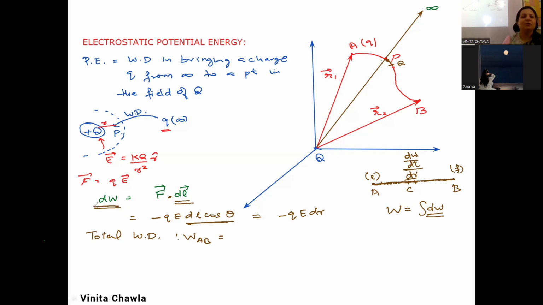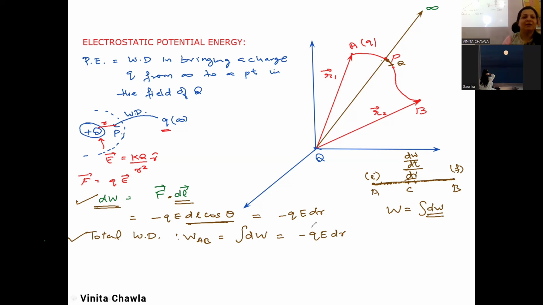So first we have found out the small displacement, and now we will find the small work done, and now we will find the total work done. And total work done is integration of dw. Okay, and this dw is minus QE dr. So you can see in this expression we have dr, function of displacement है ना, यहाँ पे dr आ गया.